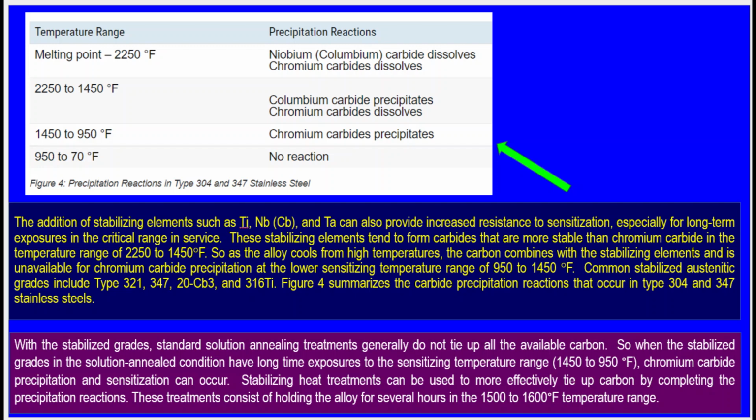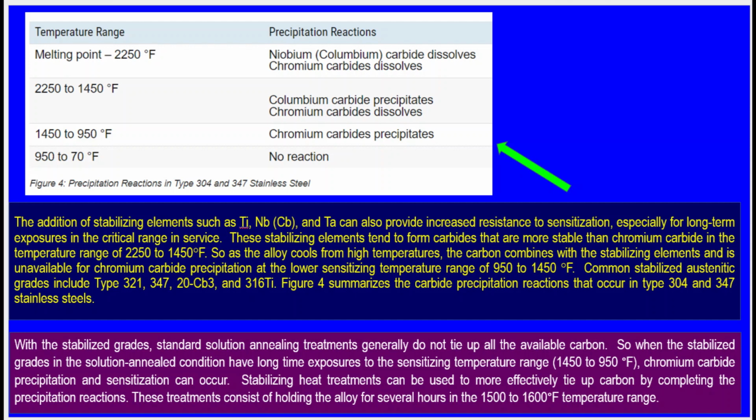With the stabilized grades, standard solution annealing treatments generally do not tie up all the available carbon. So if the stabilized grades in the solution annealed condition have long-time exposure to the sensitizing temperature range, that is 1450 to 950 degrees Fahrenheit, chromium carbide precipitation and sensitization can occur.